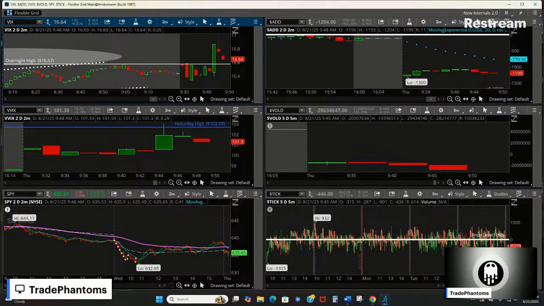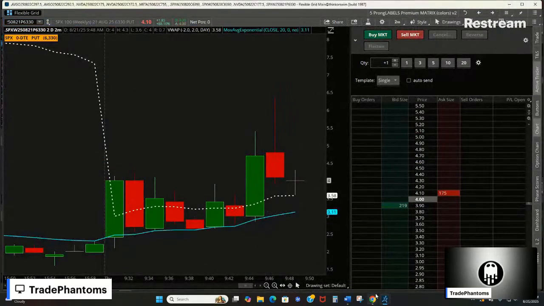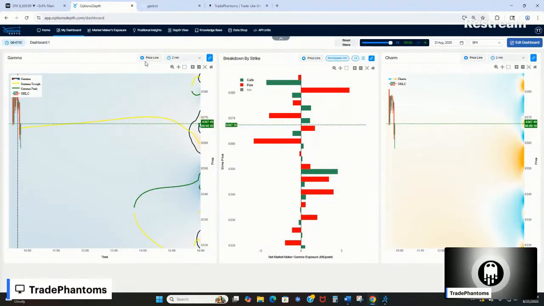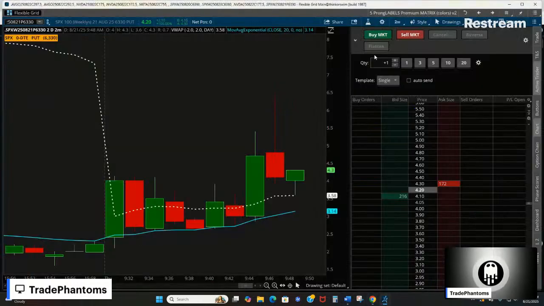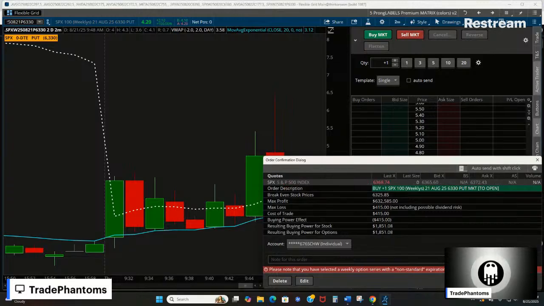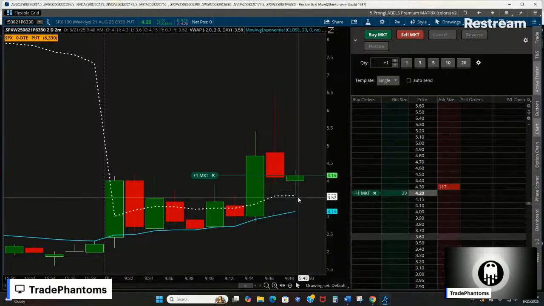VIX off its highs. I like it because we have a clear stop loss placement above here. This could be a swipe here, but we got to take a shot at this. So this 6330 strike put on SPX.